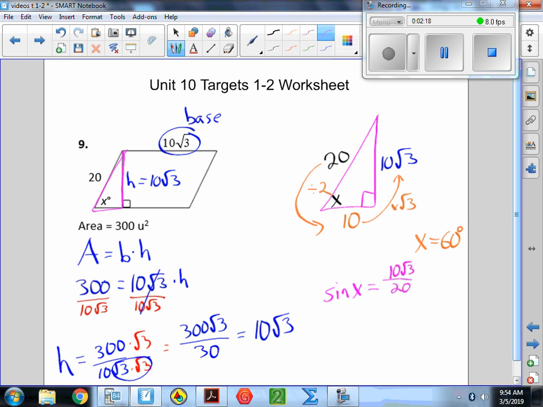And then I could take the inverse sine of that, and that'll also give me 60 degrees. So 10 root 3 divided by 20 in my calculator, take the inverse sine to get the angle, and that's 60 degrees.